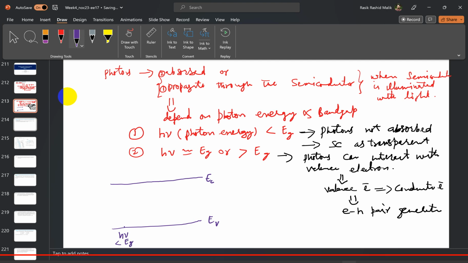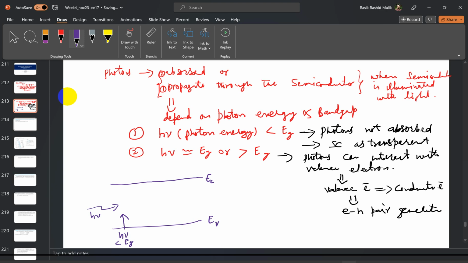Say this is my h nu photon and it is less than the band gap, so it cannot make the valence electron interact with the conduction band. It is not possible, so this is the transparent case.